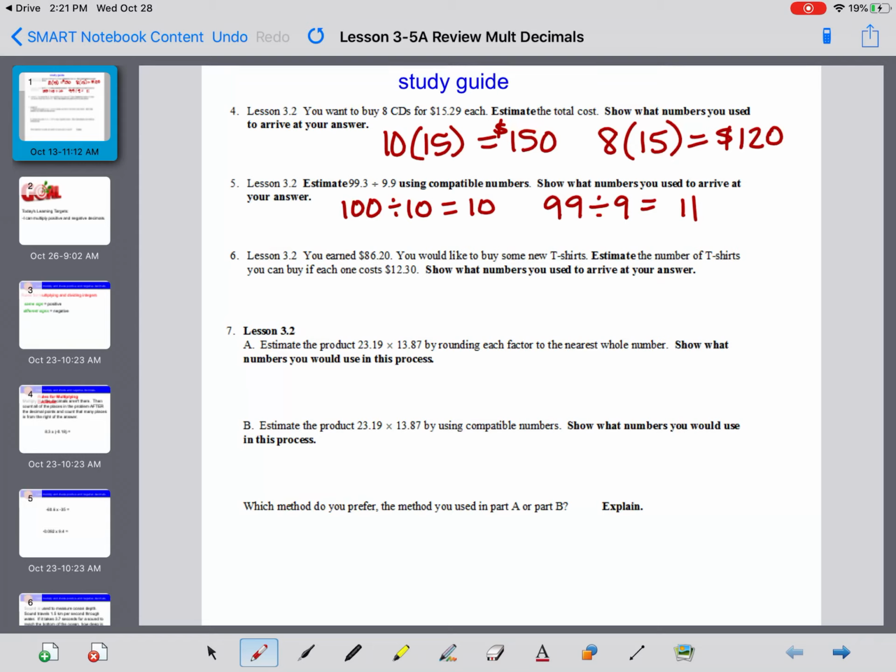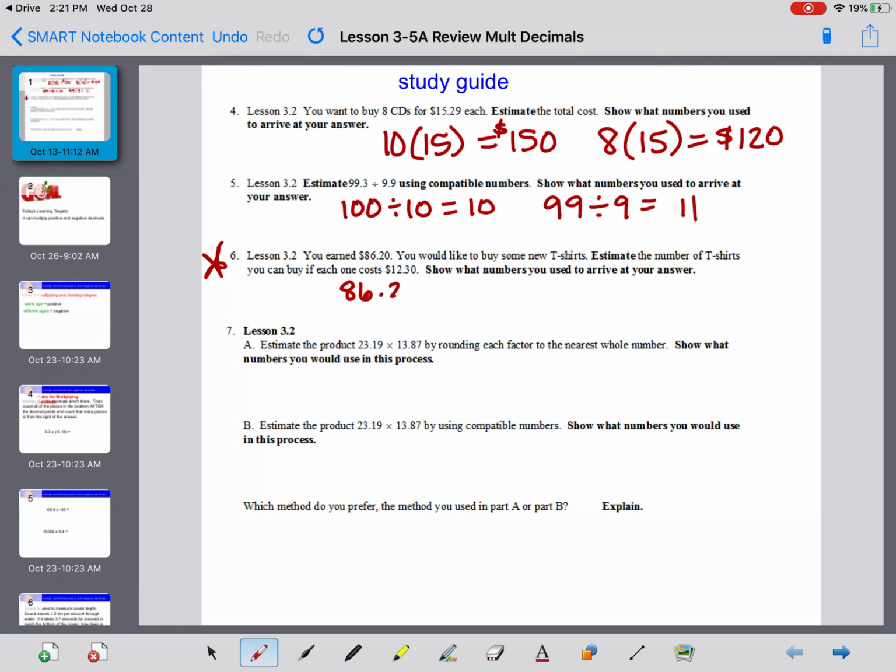The next one, you earned $86.20 and you would like to buy some new t-shirts. Estimate the number of t-shirts you can buy if one costs $12.30. I'm going to put a star by this one because that one is identical to a problem that will be coming up on your test. So you've earned $86.20 and each t-shirt is $12.30.